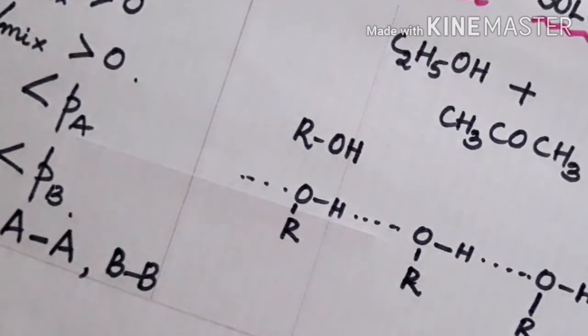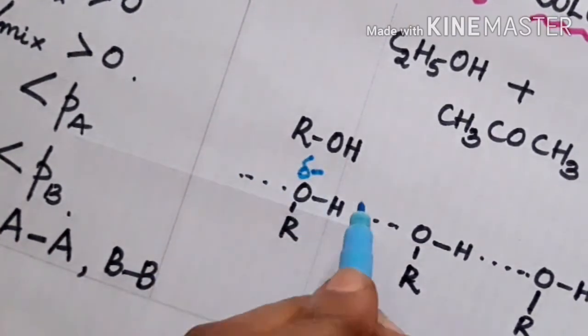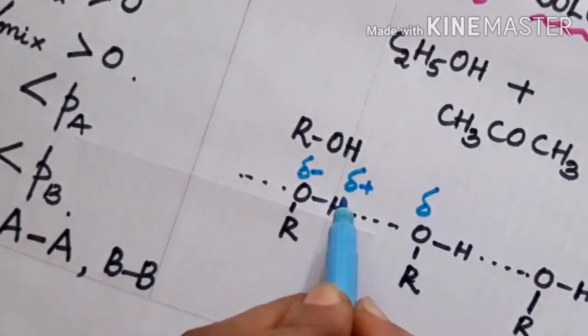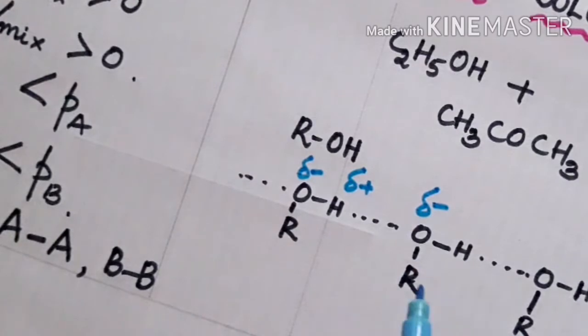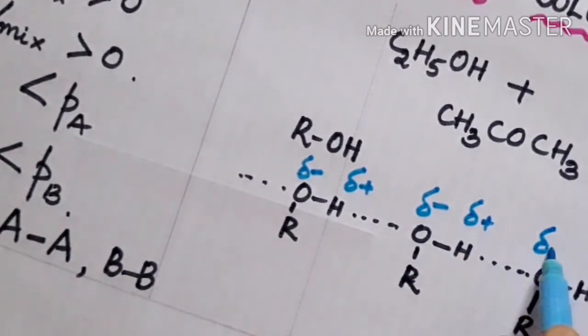In this, you find that oxygen is carrying a slight negative charge, whereas hydrogen is positively charged. So that will be attracting the negatively charged oxygen of the next one. So then this will be in the hydrogen bonded condition.